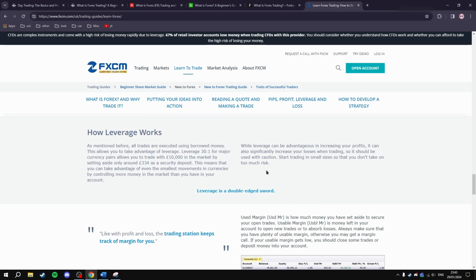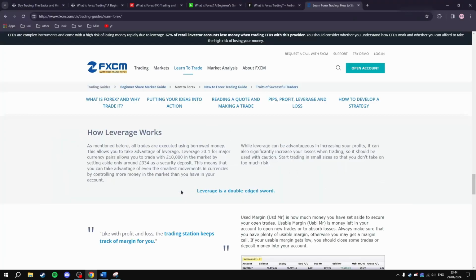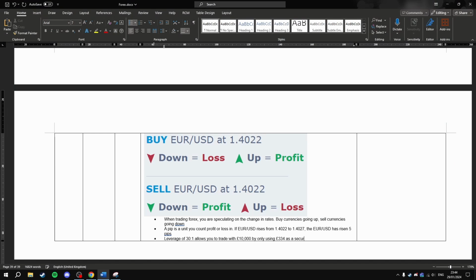Leverage 30-to-1 for major currency pairs allows you to trade with 10,000 in the bank in the market by setting aside only 334 as security deposit.